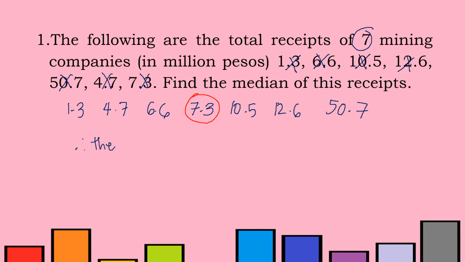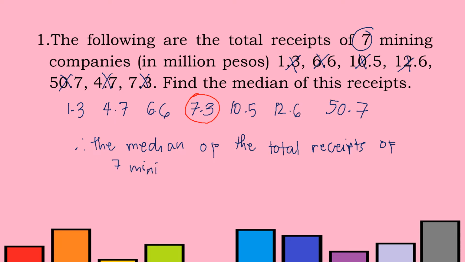Therefore, the median of the total receipts of 7 mining companies is 7.3.